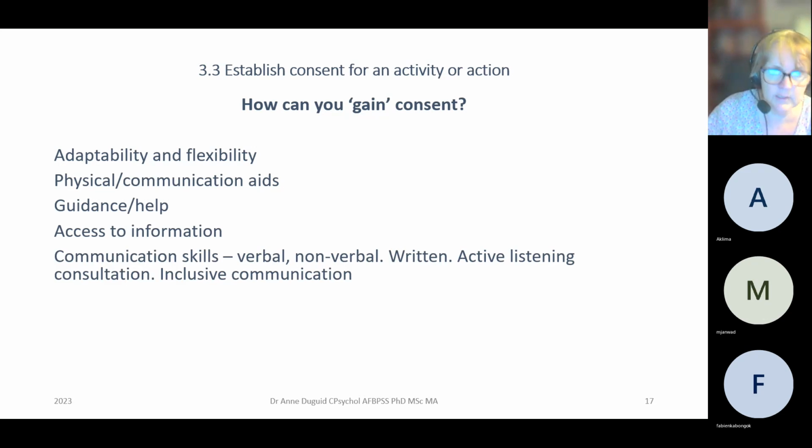Communication skills underpin everything. You're going to use your verbal, non-verbal and written skills. You're going to be listening actively, so you're paying attention, and you make sure it's inclusive. So it's not just you lecturing the person, saying, this is really good for you, you really need to do this because this is best practice, and you'd be an idiot if you didn't.